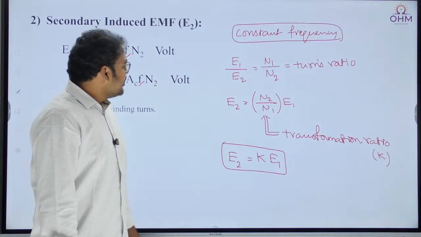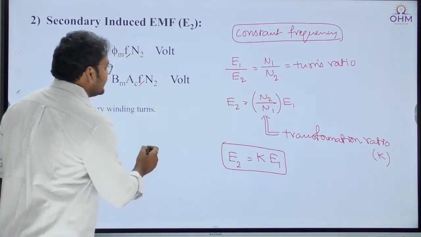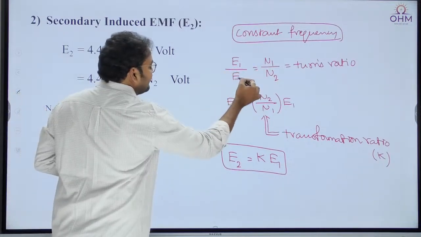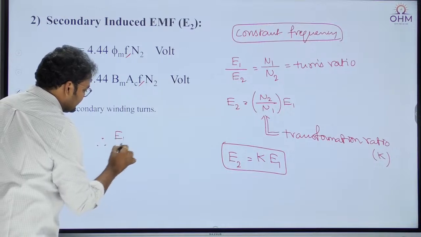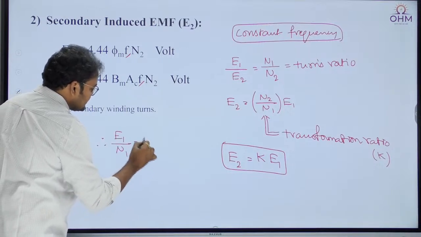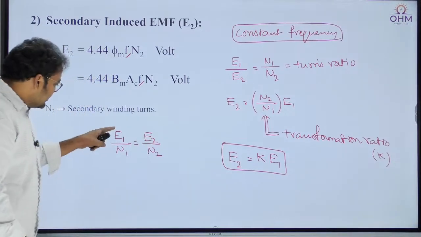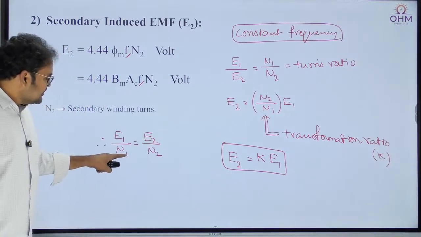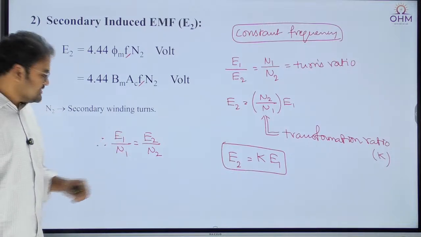Also, you can cross multiply this relation. You can get one more formula: you take N1 to the left side, E2 to the right side. You can also write E1 by N1 is equal to E2 by N2. So this ratio E1 by N1 is known as voltage per turn on primary side.